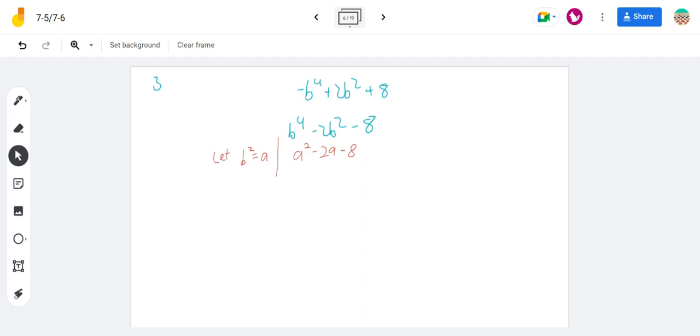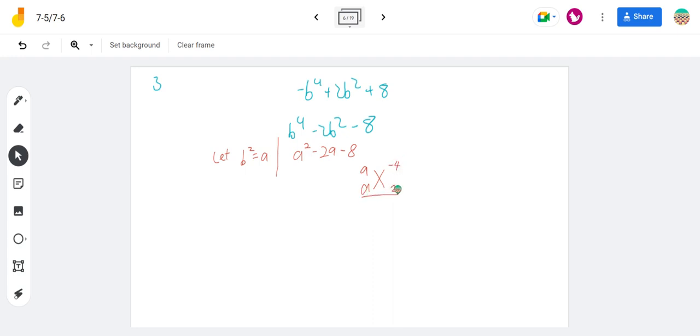For the factors, we have 2 times 4, and the difference is 2, right? Yeah, if 2 and 4, the difference is negative 2, which means the negative goes on the 4. Let me write it out. So let's say we have a here, and then this one is negative 4, this is 2.